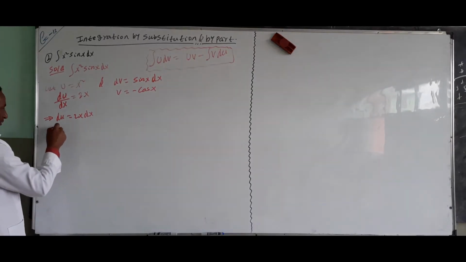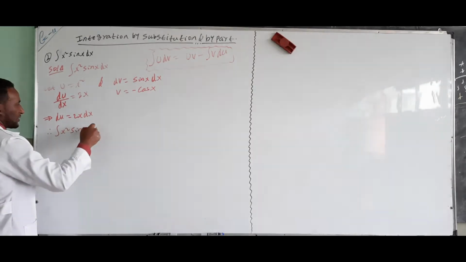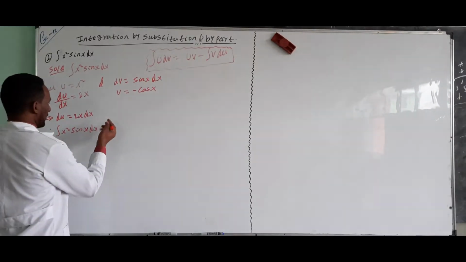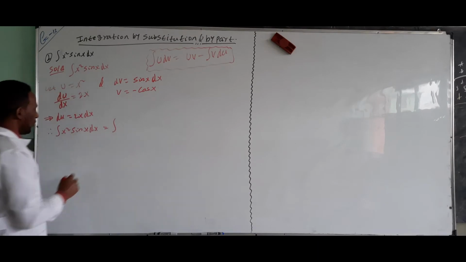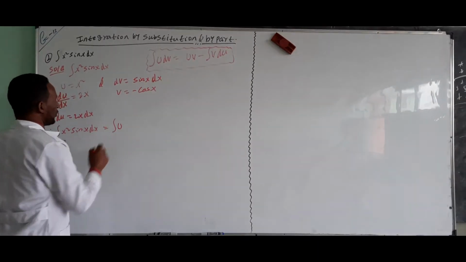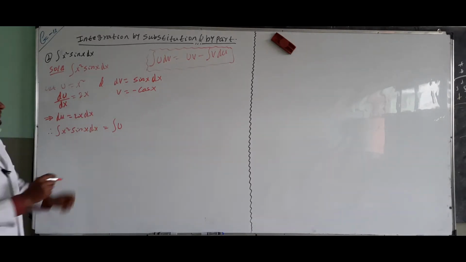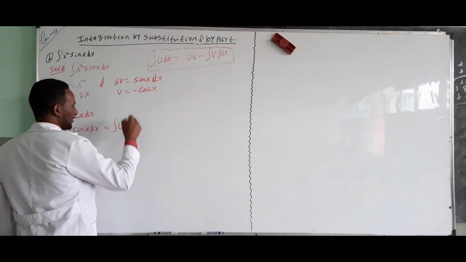Therefore, integration of x square sine x dx is equal to integration of x square, meaning u, sine x dx, meaning dv.